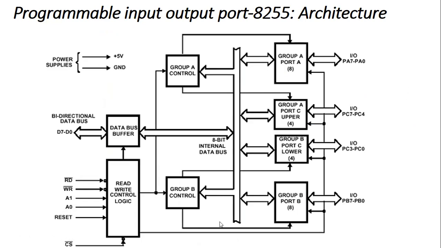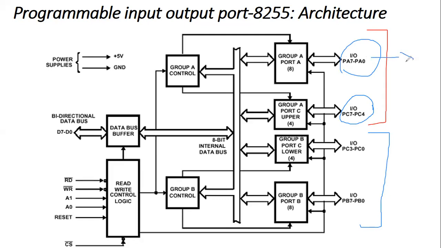Basically, the internal architecture is divided into two groups: group A and group B. Group A consists of port A and the higher order bits of port C. That means all 8 lines from PA0 to PA7 are present in group A, and 4 lines, PC4, PC5, PC6 and PC7. These 4 pins are included in group A.